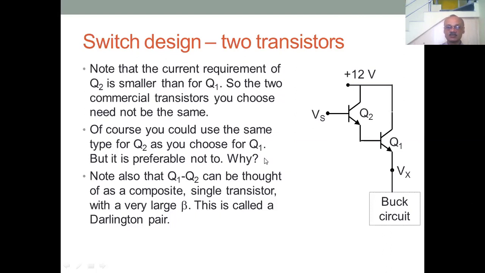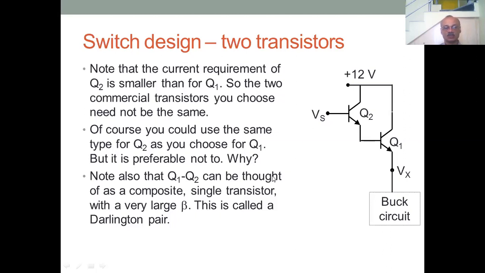The answer is that any transistor that can carry large currents is usually more expensive. And so you don't unnecessarily want to purchase a more expensive transistor. Q2 can be much cheaper than Q1. Of course, Q1 also will be much slower compared to Q2.